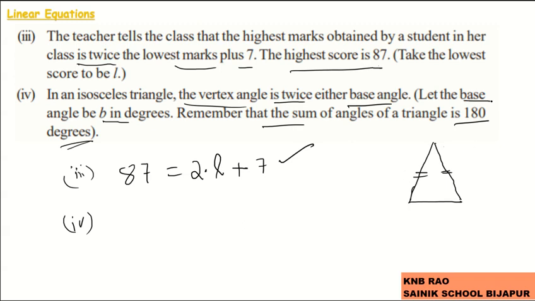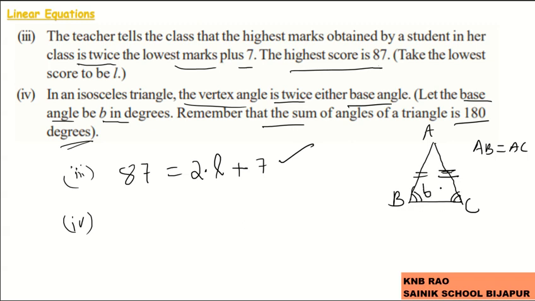The meaning of base angle is, let's say in isosceles triangle ABC, AB equals AC, which means here the base angle is angle B, that must be equal to the angle C.